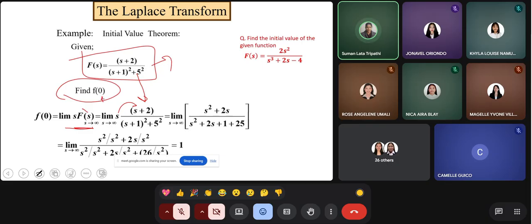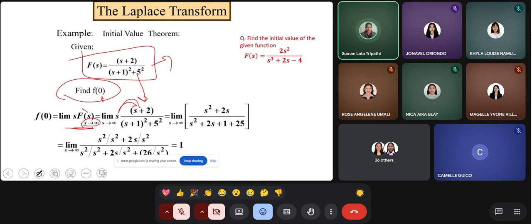Here t tends to 0 means s tends to infinity. If you directly put s tends to infinity, infinity multiplied by infinity, and here it is infinity, so it will not be very clear what the answer will be. That's why simplification is important.